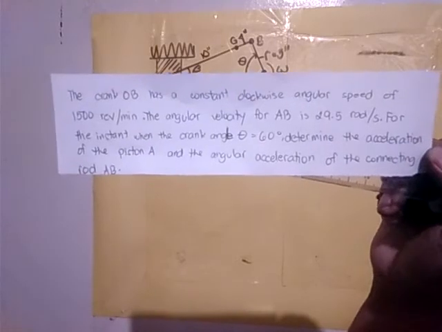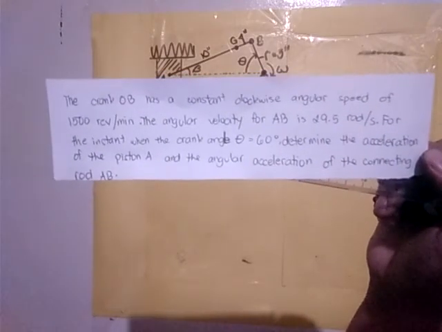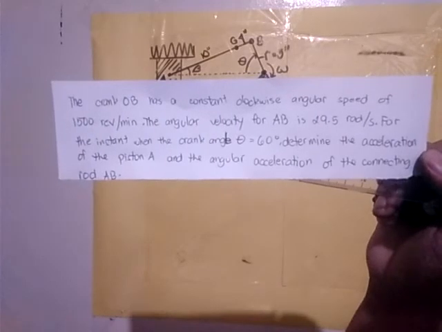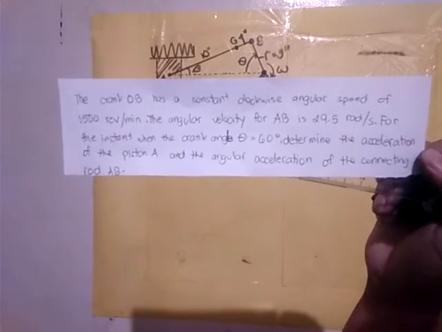For the instant when the crank angle theta is 60 degrees, determine the acceleration of the piston A and the angular acceleration of the connecting rod AB. This is the figure or illustration of that instant.